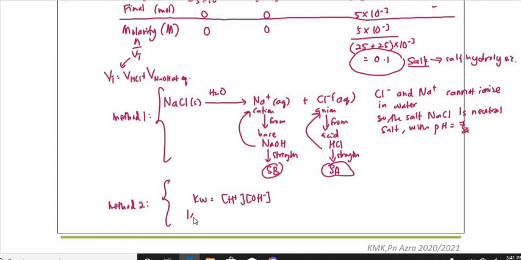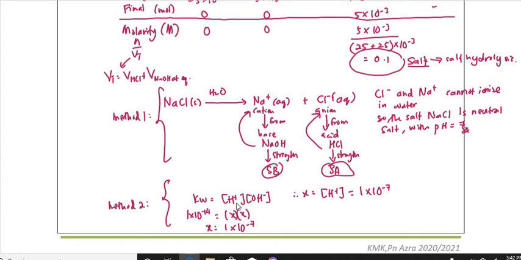As we know, X and X, right? So X will become 1 exponent negative 7. X equals to concentration H plus mean 1 exponent negative 7. Okay, yang ni kita buat X lah.